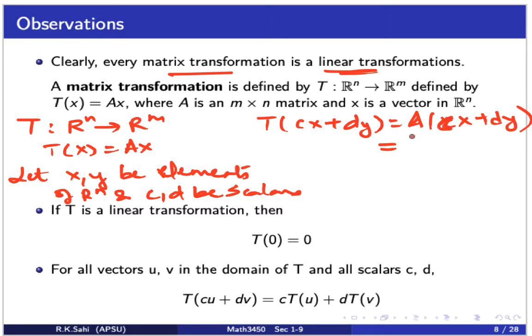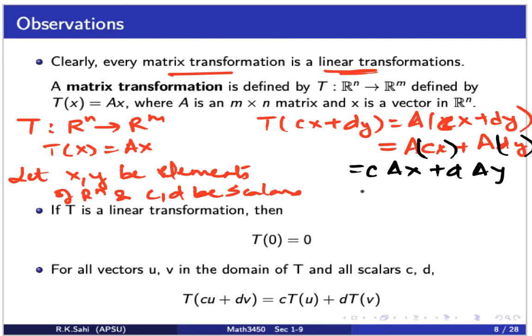When you add them, it's a vector. Because of the matrix properties, we can write this as A times cx plus A times dy. Now remember, c is a scalar, and a scalar can be taken out by virtue of the properties of matrices. So it's c times Ax plus d times Ay. Now what is Ax? It is nothing but T(x), so c times T(x) plus d times T(y).